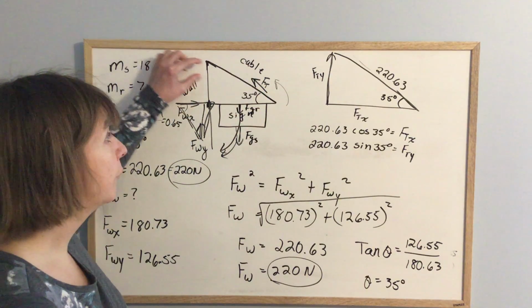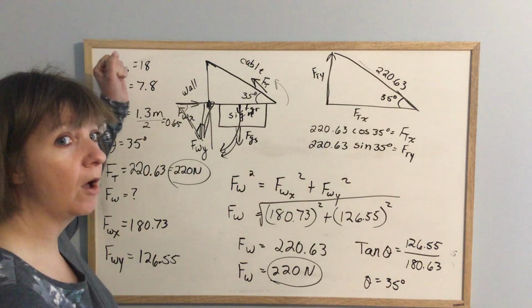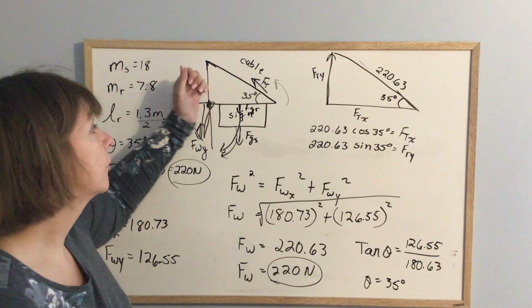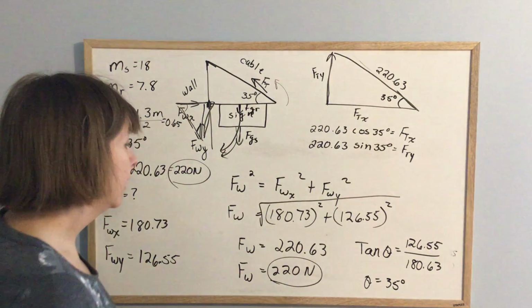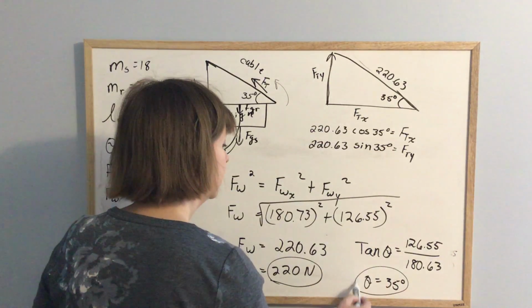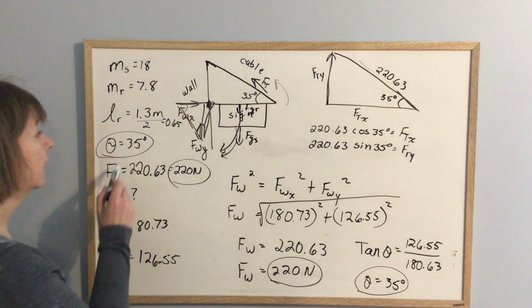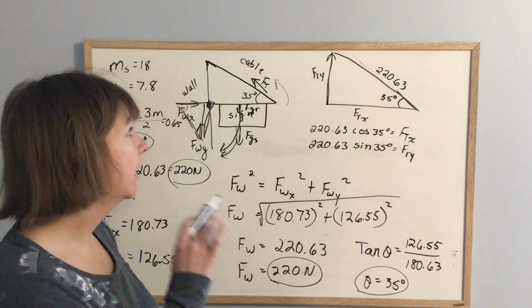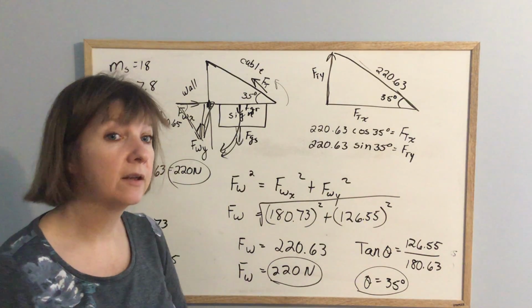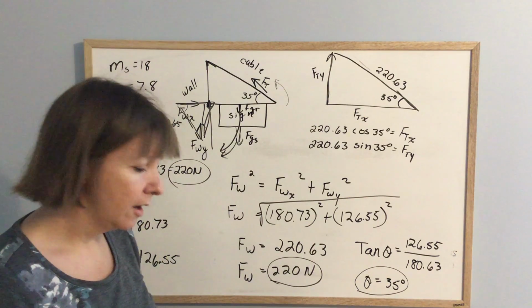If there was more force of tension, it would be pulling the rod up. If the wall had more force, it would be pulling the rod the other way. And again, the angle is the same as the angle that the cable made. And again, it should be.